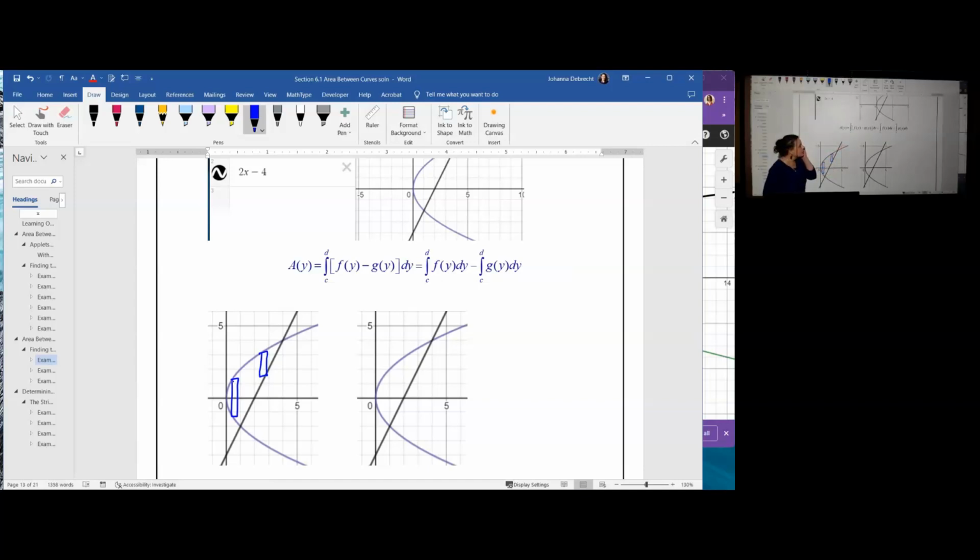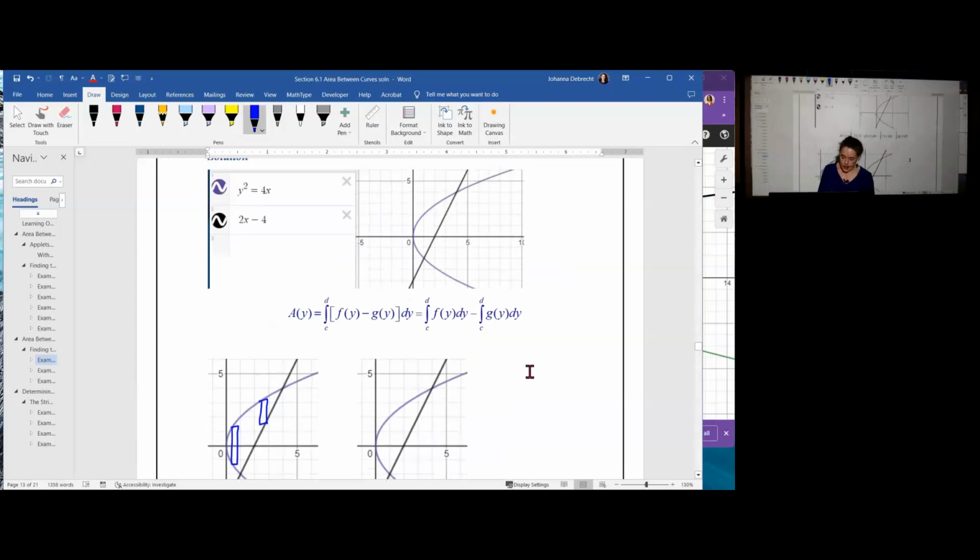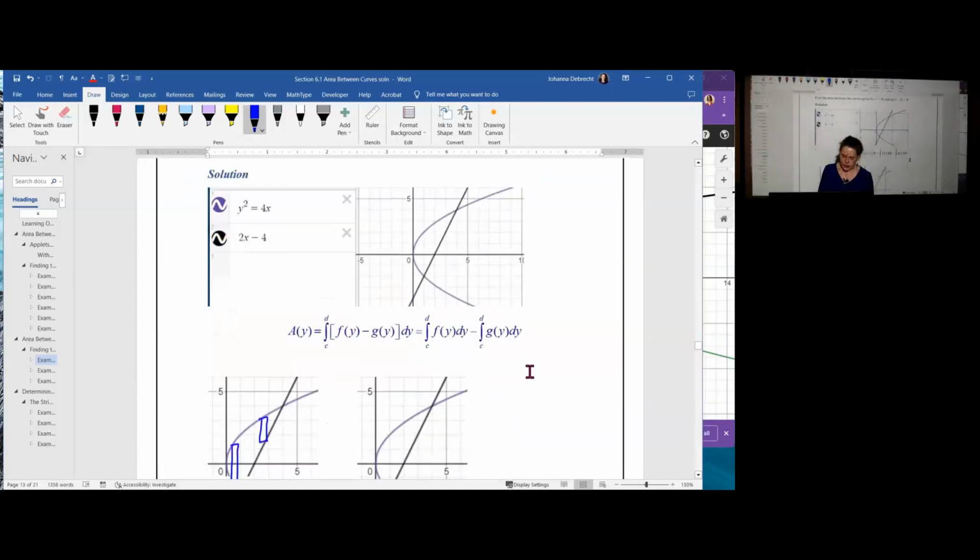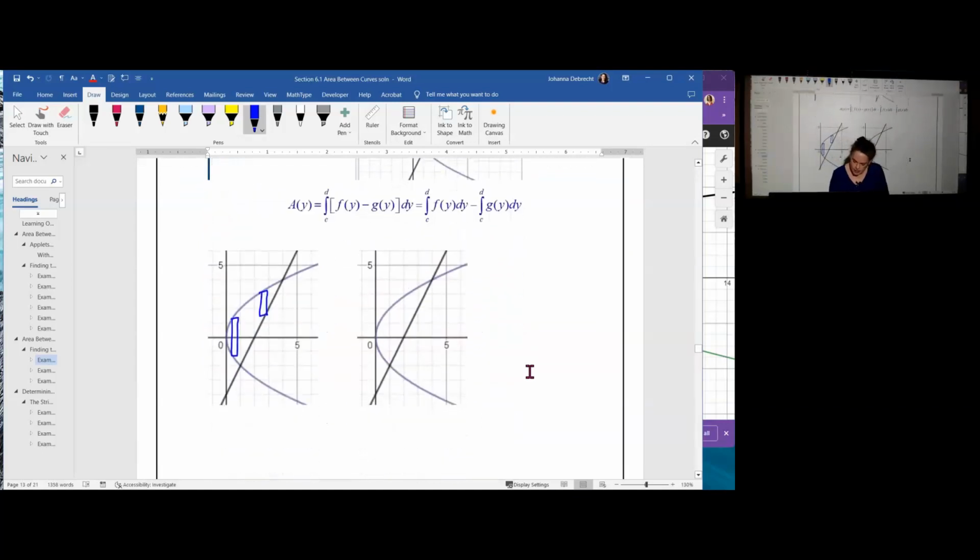Now you may be going, well, how do you get the upper arm versus the lower arm? Remember that the equation was y squared equals 4x. This upper arm, which I'm going to highlight in blue, is given by the equation y equals the square root of 4x, the positive root.